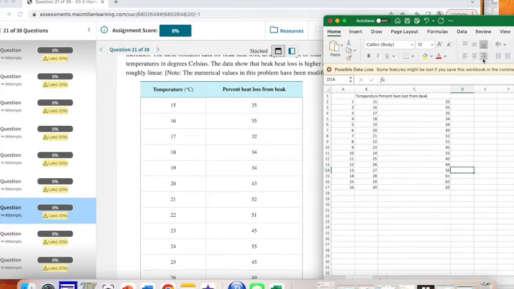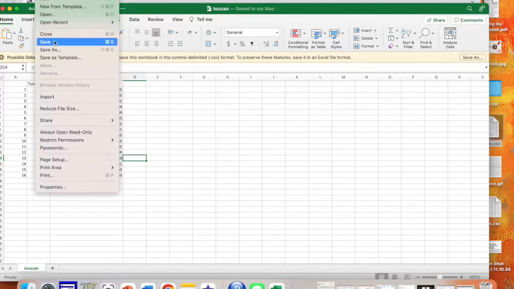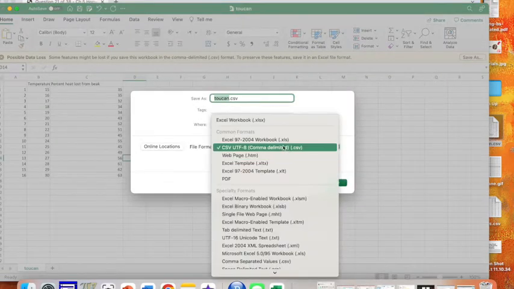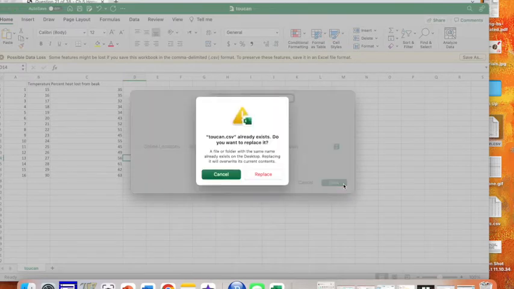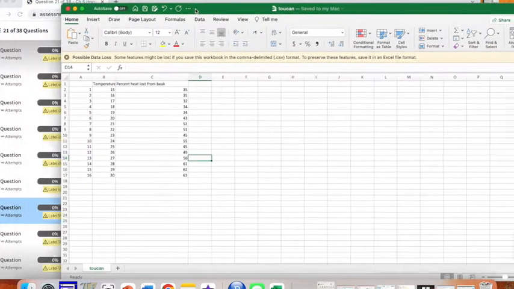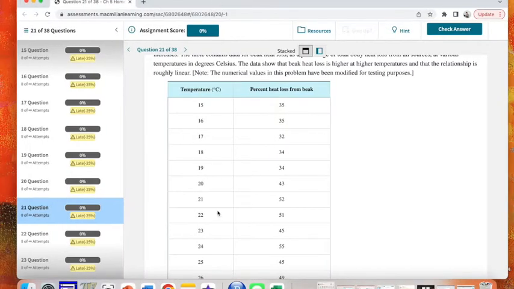I copied all the data and I made sure to save this as a CSV. That's the way R likes to take data, saved as a CSV. So I saved that. And then I can go ahead and input this in R in order to answer my questions. So I go to R.